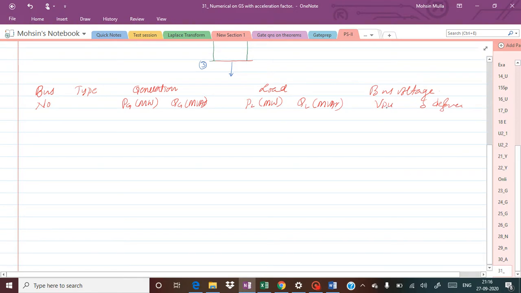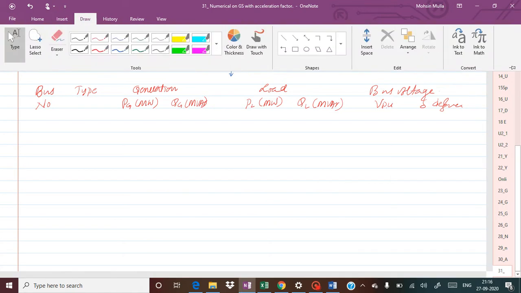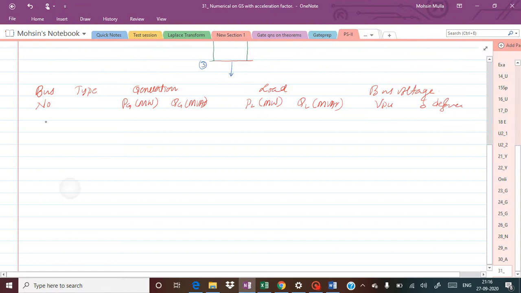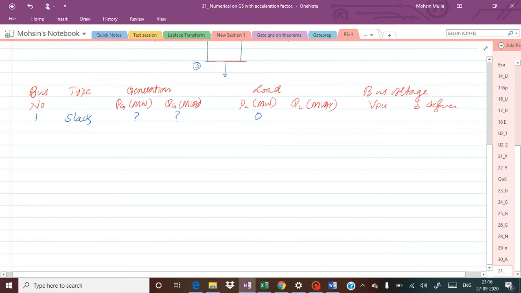Now, what they have given here for bus 1, which is a slack bus, and for the slack bus we know that P and Q are unknown. No load is connected, so 0 0, and the voltage is 1.02 per unit, with phase angle 0 degrees.